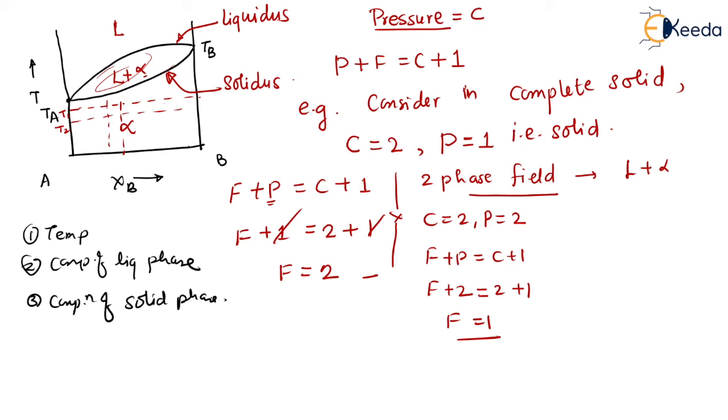So dear students, this degree of freedom equal to 1 means here only one of these three is independent.